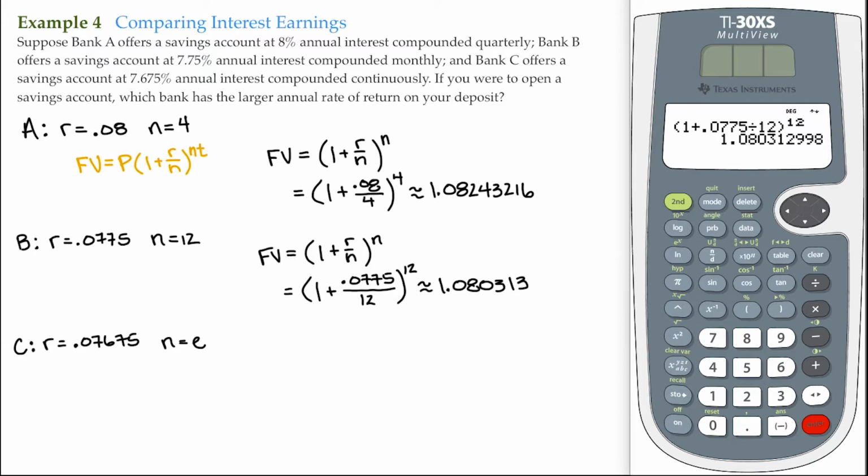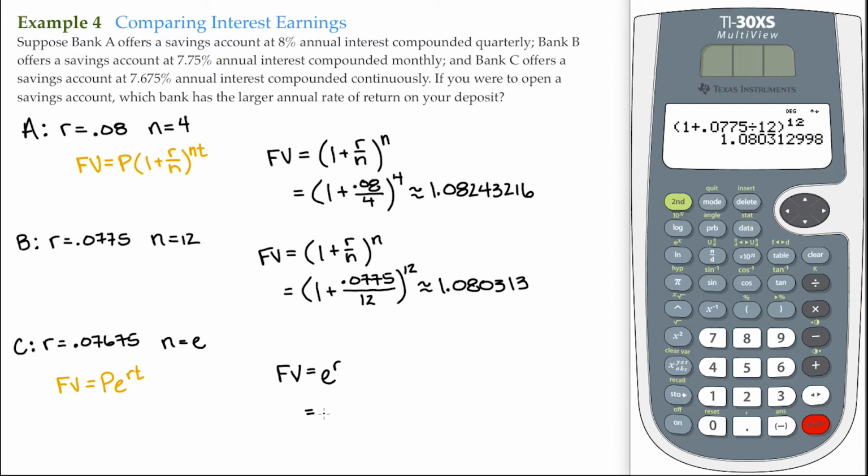And then finally for C, since compounding is continuous, the future value is P times e to the r times t power. So the future value here, again, we're not concerned with the principal, so we just have e, and then the time is just 1 year. So r times t is just r.